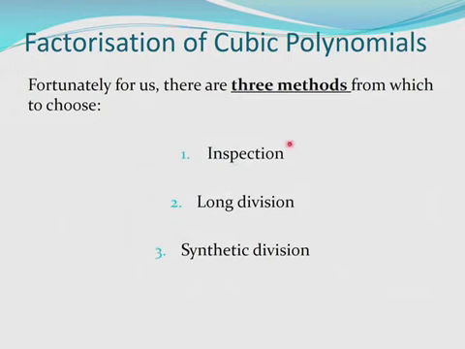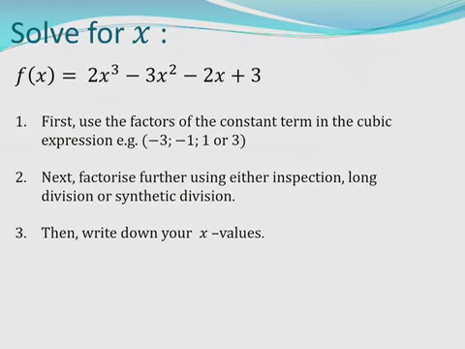So once again, inspection or long division or synthetic division. Any one of these 3 can help us factorize a cubic polynomial. What we are going to do today is focus on the inspection method, which I think is really the easiest to use when factorizing a cubic polynomial.